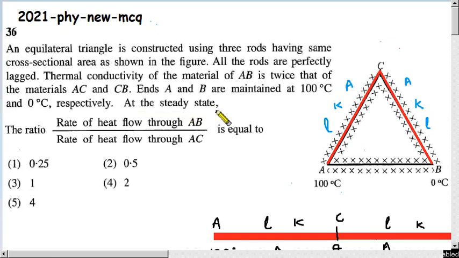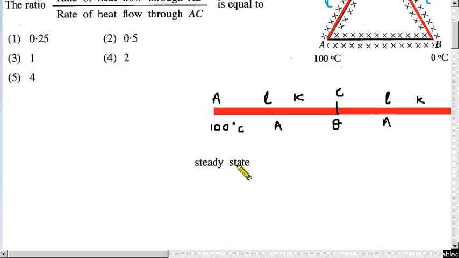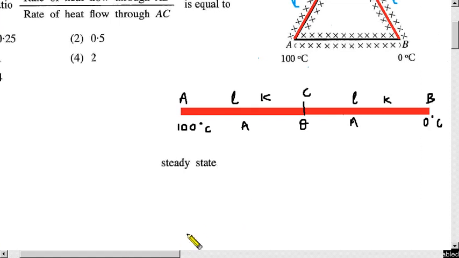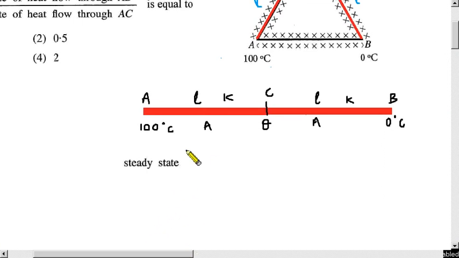What is that? Steady state means, you know, in practice, when we do practicals in the laboratory, we fix thermometers in these places like this. Anywhere you can fix a thermometer to get the temperature reading. Steady state means the temperature doesn't rise or fall.